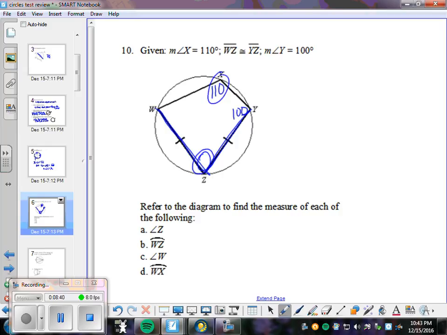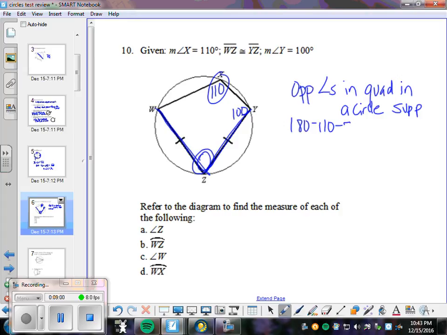So remember, opposite angles in a quadrilateral in a circle are supplementary. So 180 minus 110 gives you 70 for Z. Okay. Now, arc WZ is here.